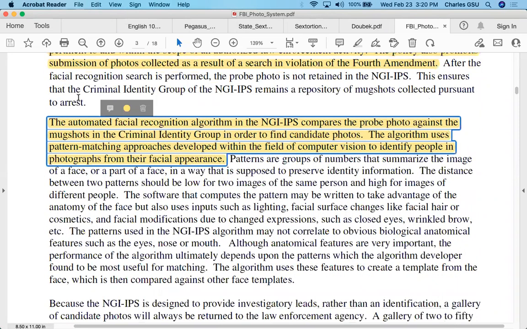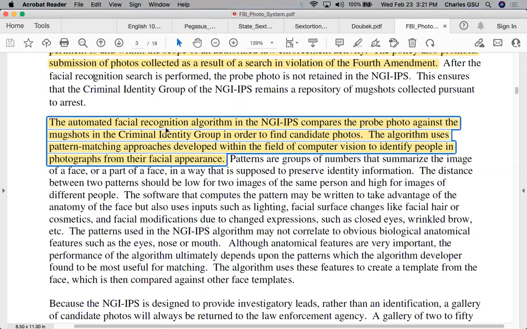And then it goes on to say the automated facial recognition algorithm. So remember, again, it's not a bunch of human beings, like you might have in a regular classic lineup, looking at faces. It's a set of coding that goes through very, very rapidly a catalog, a data bank of people's faces, right?